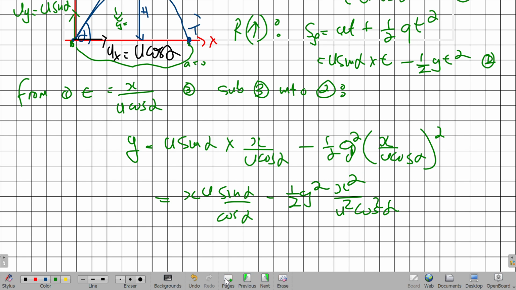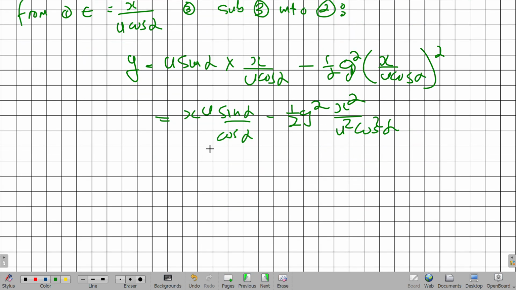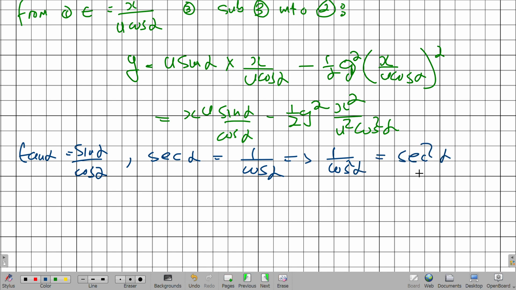What's very important here is to acknowledge a bit of your trigonometry. If you go back to your trigonometry, you know that tan alpha is equal to sine alpha over cos alpha, and you also know that sec alpha is equal to 1 over cos alpha. Using these two, this also implies that 1 over cos squared alpha is equal to sec squared alpha.